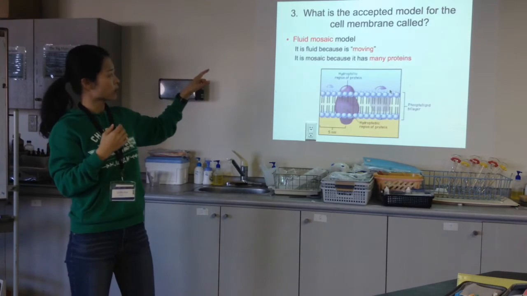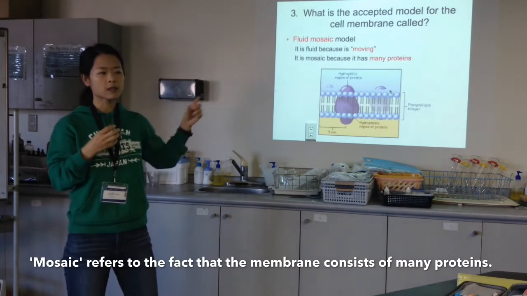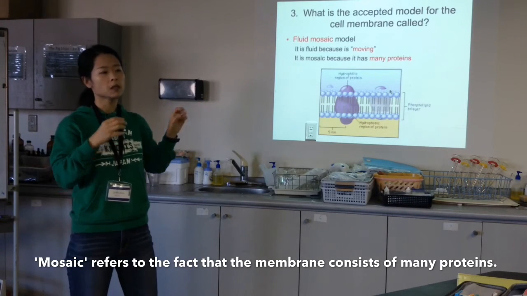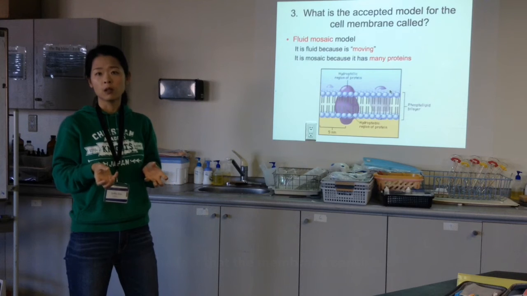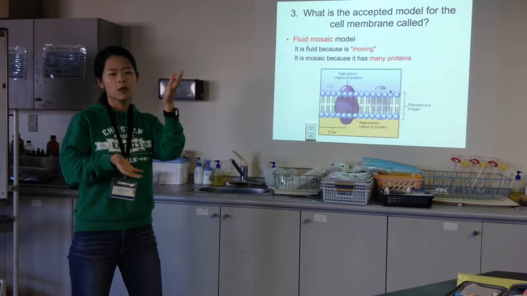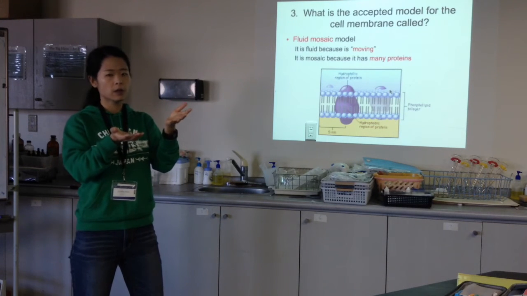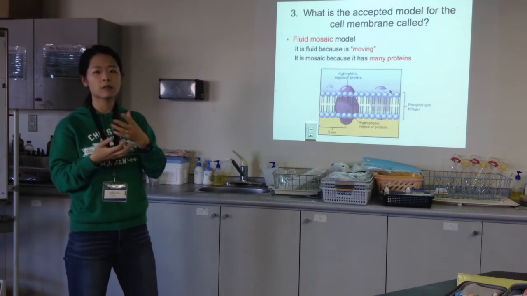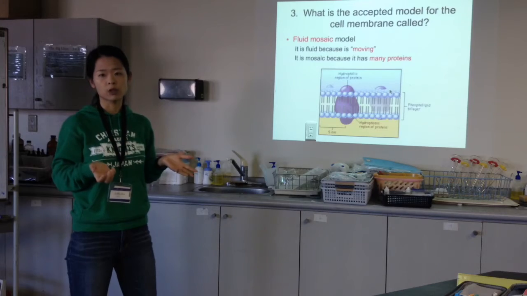So mosaic means there's lots of something, and that something is protein. There are lots and lots of different proteins embedded in the cell membrane. So fluid represents the membrane being flexible and having motion, and mosaic means it's got lots of little things such as proteins.